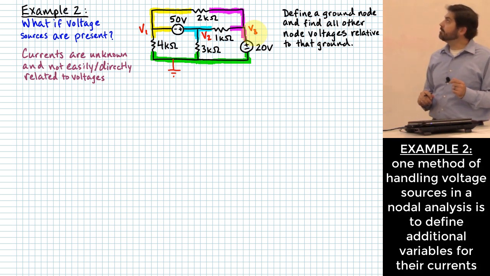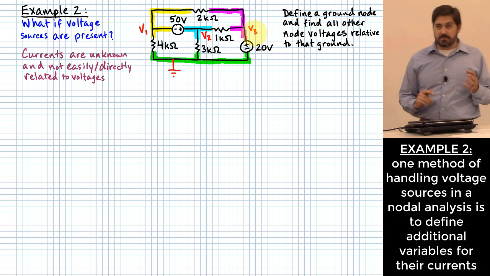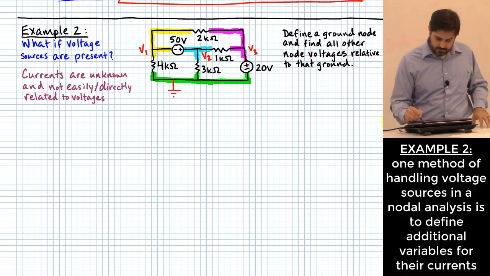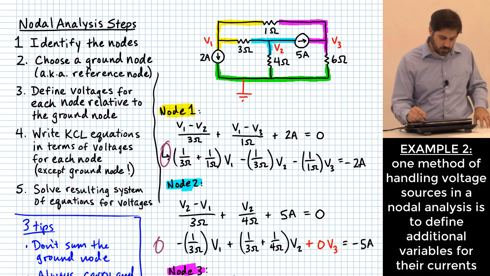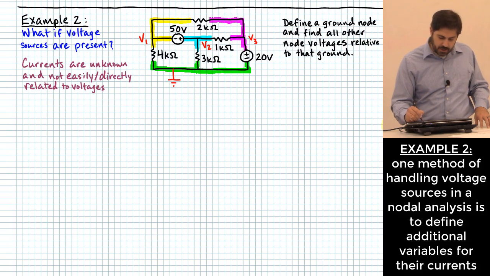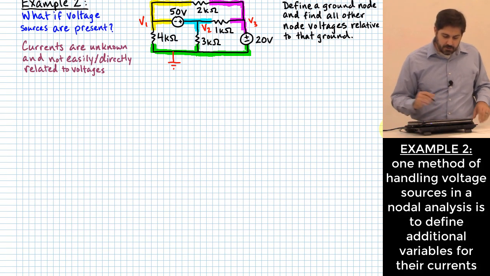What's my next step after that? Write KCL equations in terms of voltages for each node except the ground node. So let's start doing that for node 1.